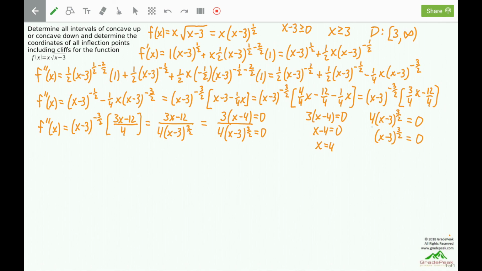We can now raise both sides to the reciprocal of 3/2, which is 2/3 power. Because when you raise and raise again, you multiply exponents, and multiplying 3/2 times 2/3, 3 times 2 is 6, 2 times 3 is 6, 6 over 6 is 1. All that's going to become x minus 3 to the first power equals 0 to the 2/3 power. 0 raised to any non-zero power is 0.